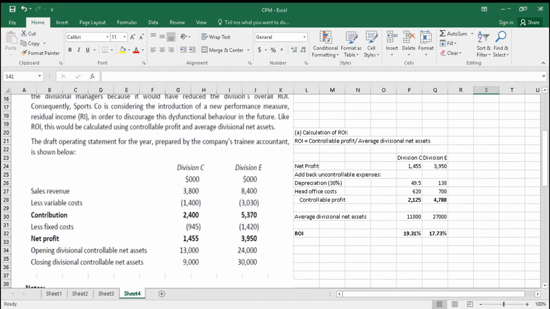Division E has a higher amount of investment. Division C has a lower amount of investment: 27,000 for E, 11,000 for C. So on that note, the amount of profit that is generated also is low.